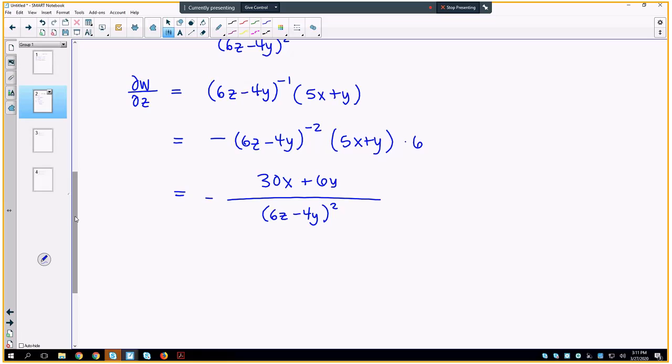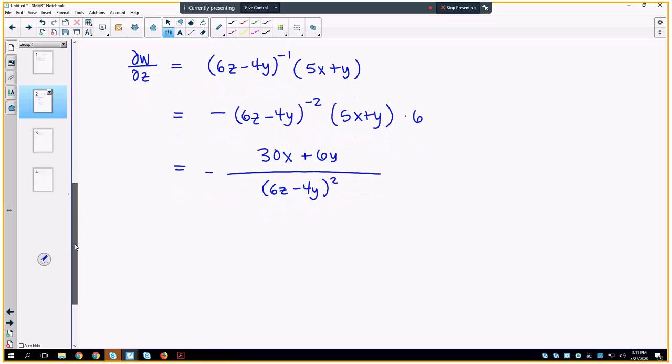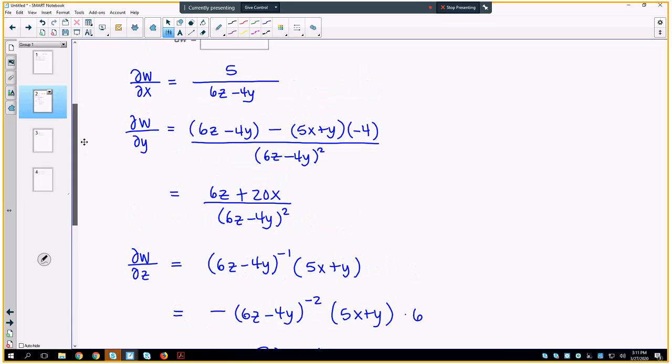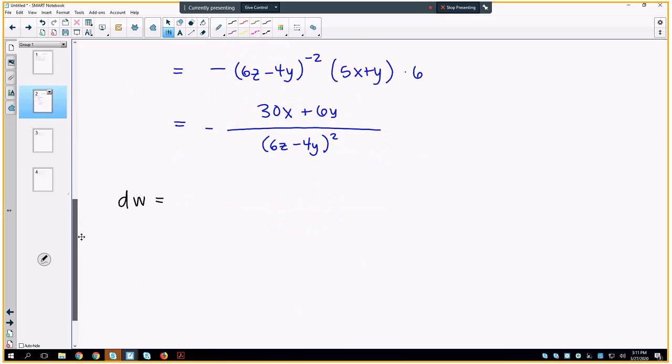So I have all of my partial derivatives. Now I just need to put them together. My total differential then, dw, is going to be the partial with respect to x. So let's go back and look. That was 5 over 6z minus 4y, del w del x, times dx. Then I want to add del w del y times dy.